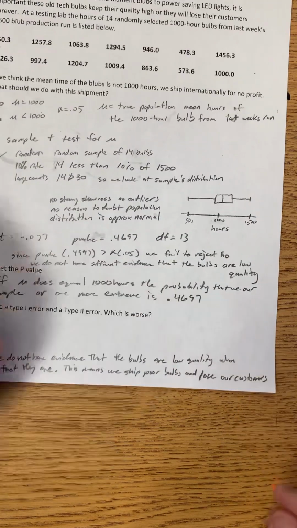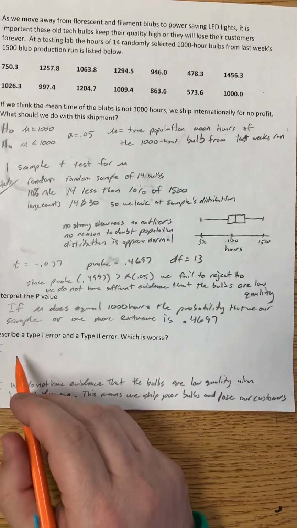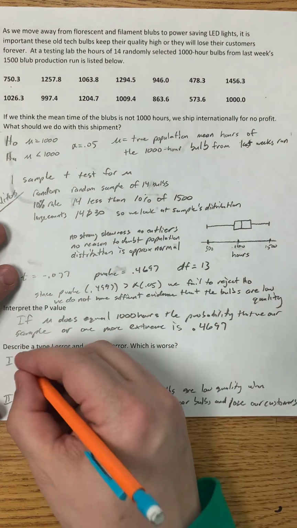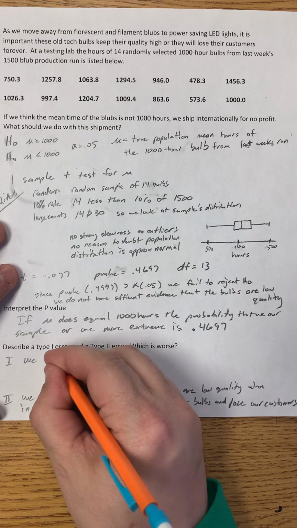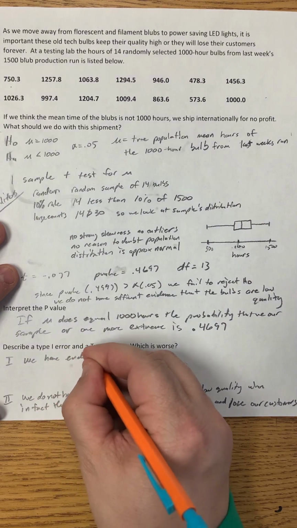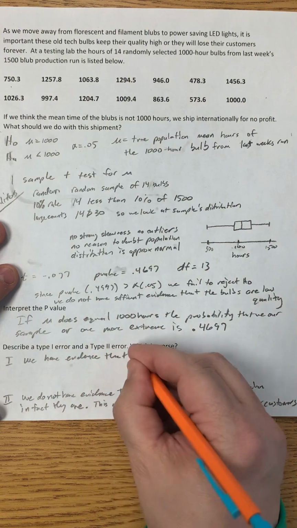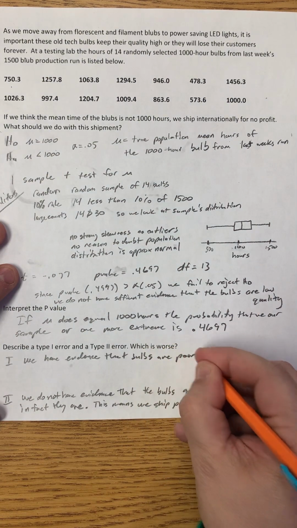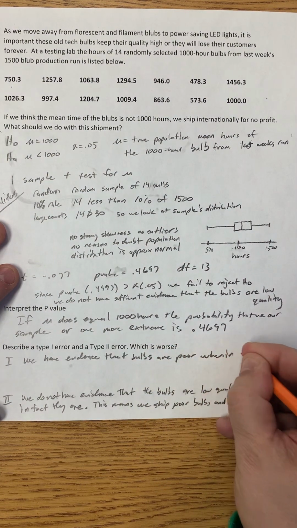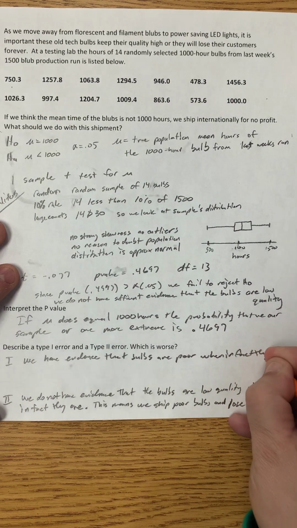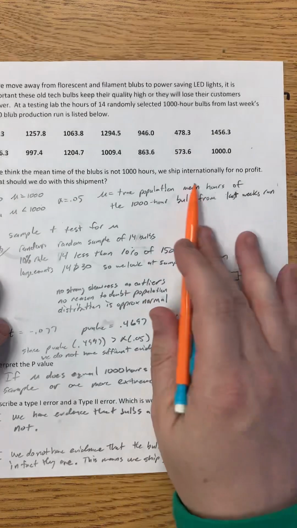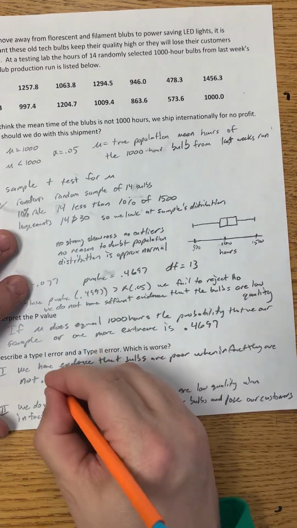No customers, no business. A type 1 error is when you have evidence that the bulbs are bad, but in fact they are not. Okay, this means we ship them off internationally for no profit.